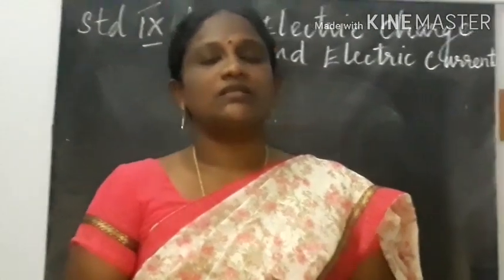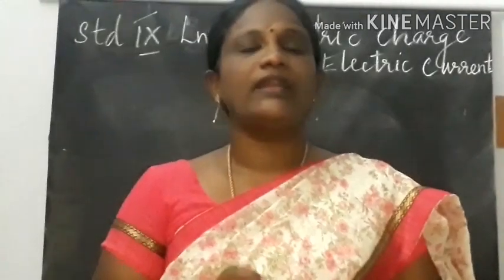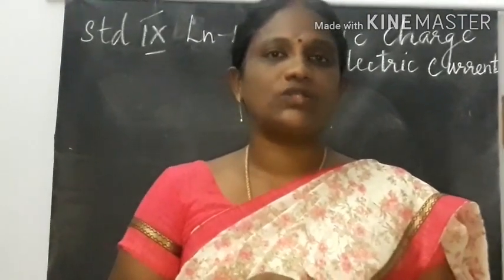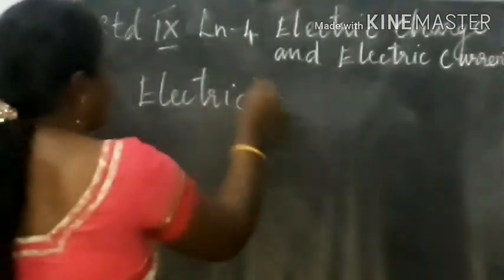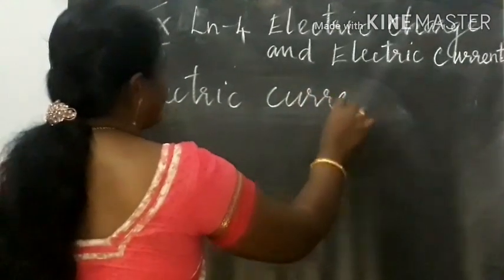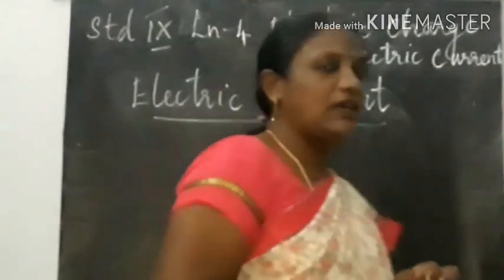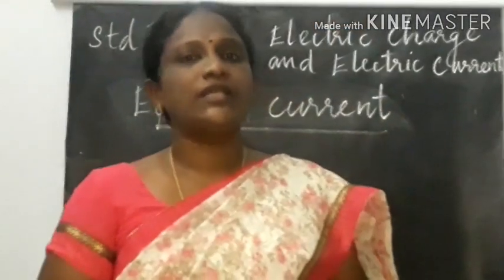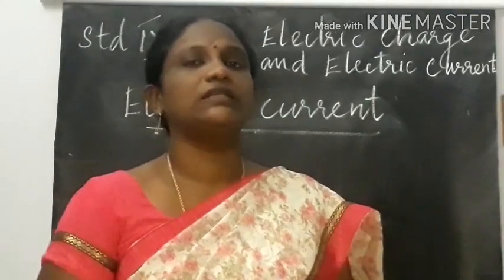In today's class, we are going to learn about the electric current and how we can measure it. As we have seen, the electric potential is the work done to keep the charges together, isn't it?